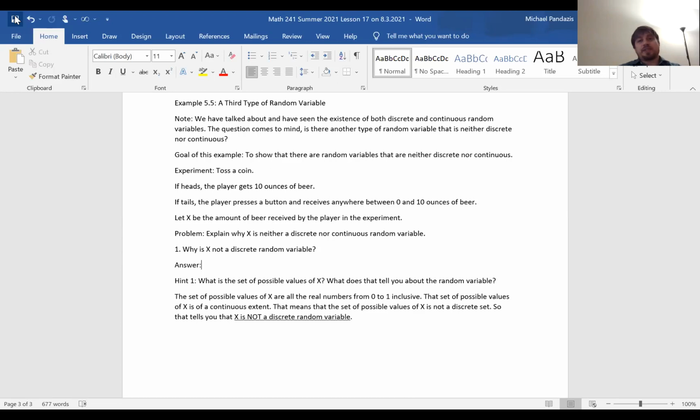There are larger infinities and smaller infinities. So this capital X has a sample space which is not a discrete set, and so the random variable X is not a discrete random variable. What I just answered here in 1 is why X is not a discrete random variable. So with this experiment, we have an example of a random variable that's not discrete.